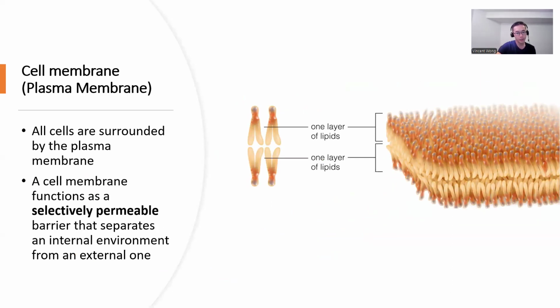Regardless of whether you are a prokaryotic cell or a eukaryotic cell, there is going to be a cell membrane that surrounds it. Another name for the cell membrane is the plasma membrane. Does anybody remember what the major component of the cell membrane is?